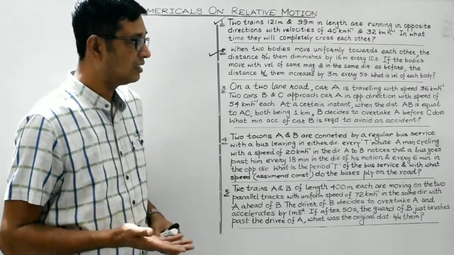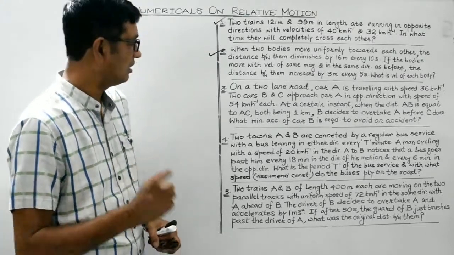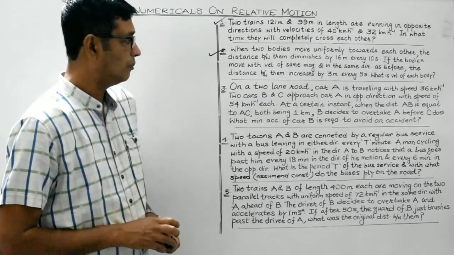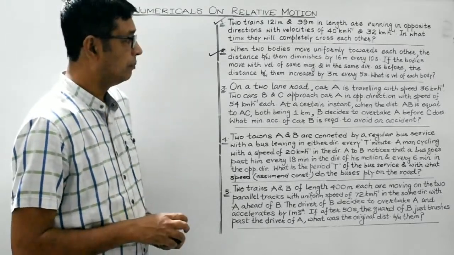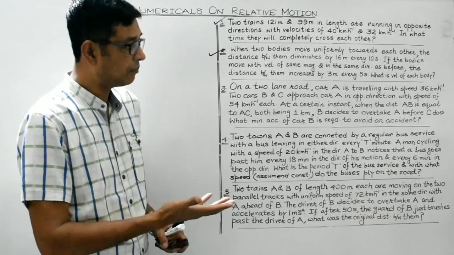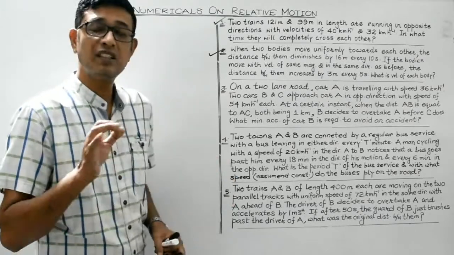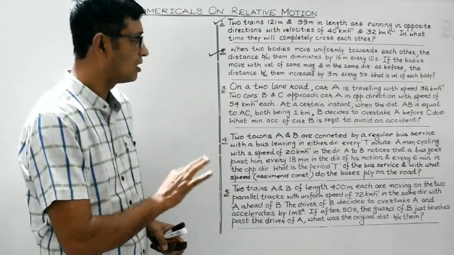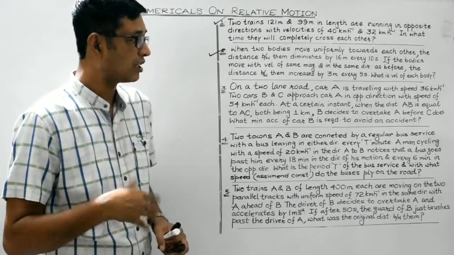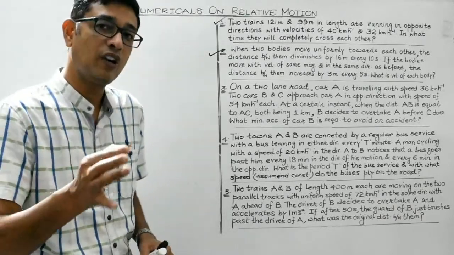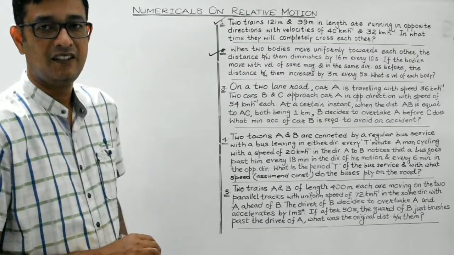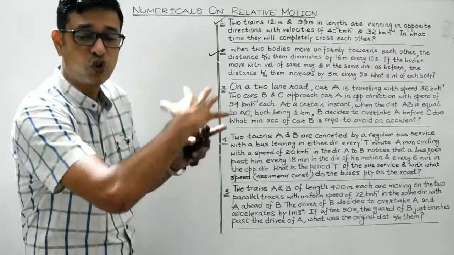At a certain instant, when the distance AB is equal to AC, both being 1 km, B decides to overtake A before C does. So what is the minimum acceleration of car B which is required so as to avoid an accident? Right?